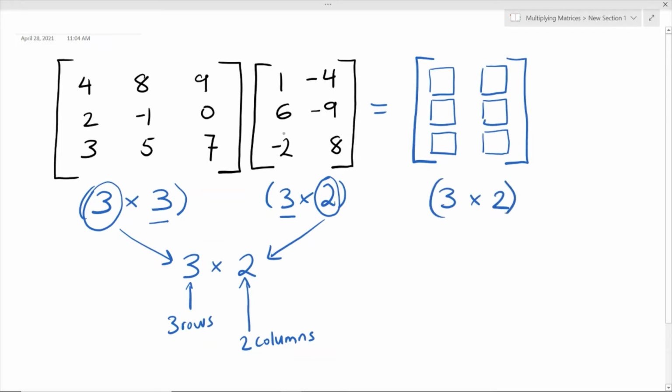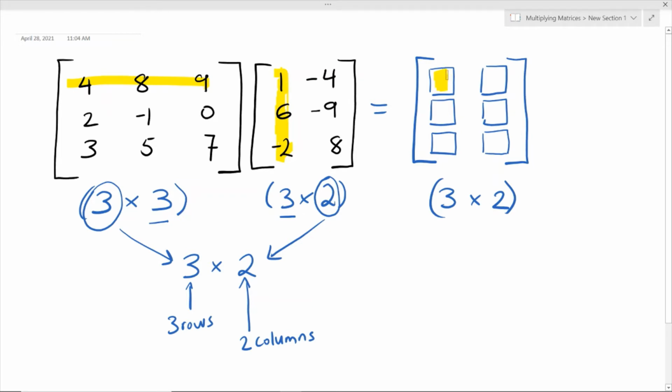we are going to start multiplying, and to multiply, we have to first look at the first row of this first matrix and the first column of the second matrix, and that tells us what goes here. The first row and first column will give us the entry right here.